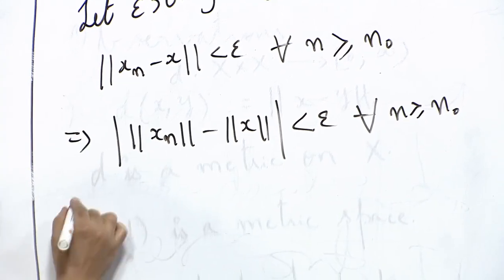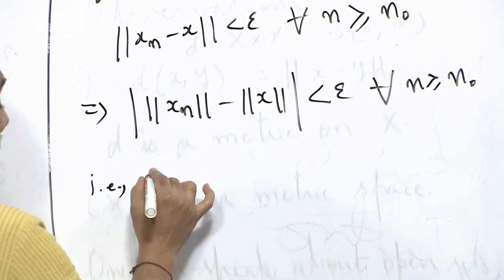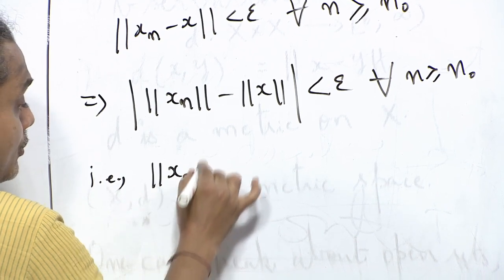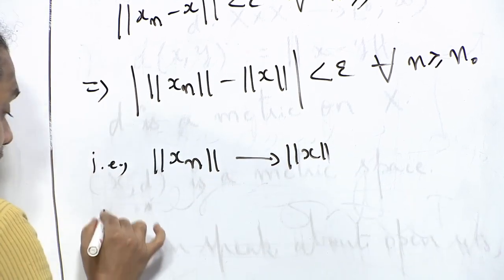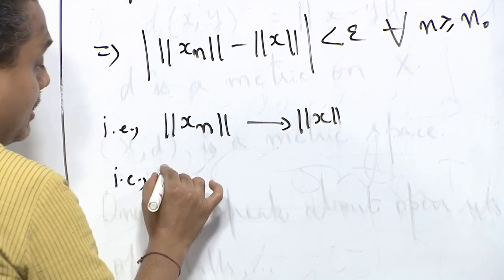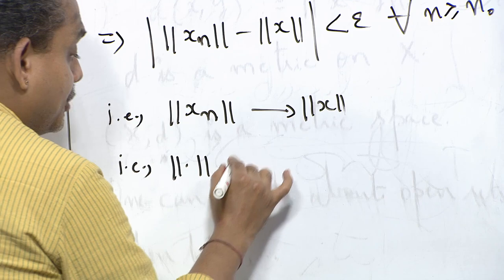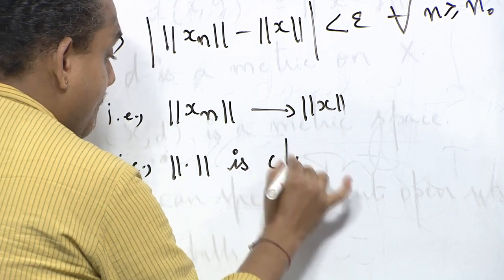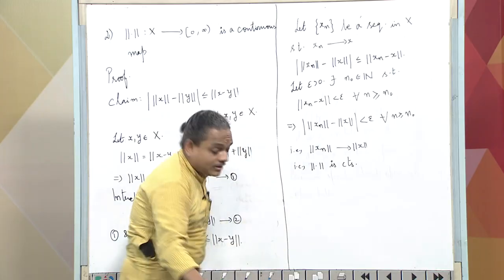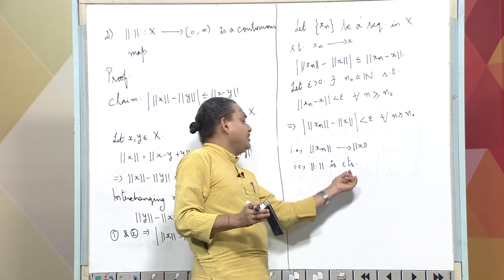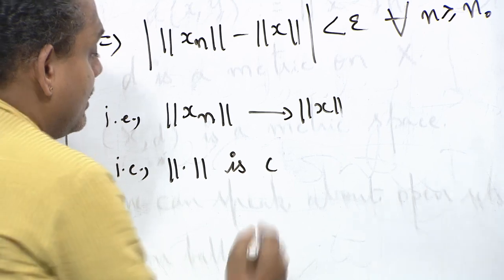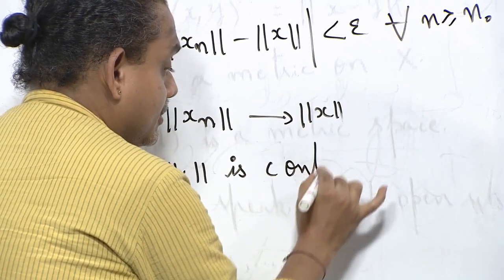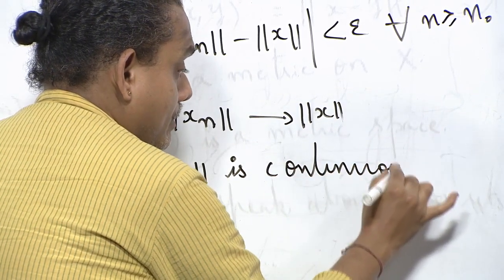So, this is in fact equivalent to saying that norm x n converges to norm x, which in fact is equivalent to saying that the function norm is continuous. Maybe, it has been a practice for me to use CTS for continuous. For those who are not familiar, I will write it as continuous.